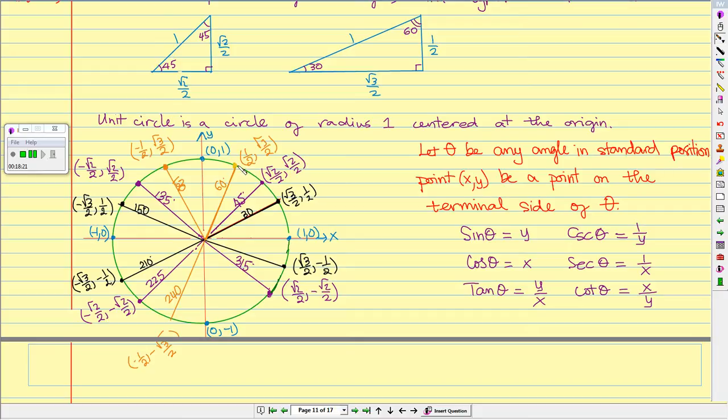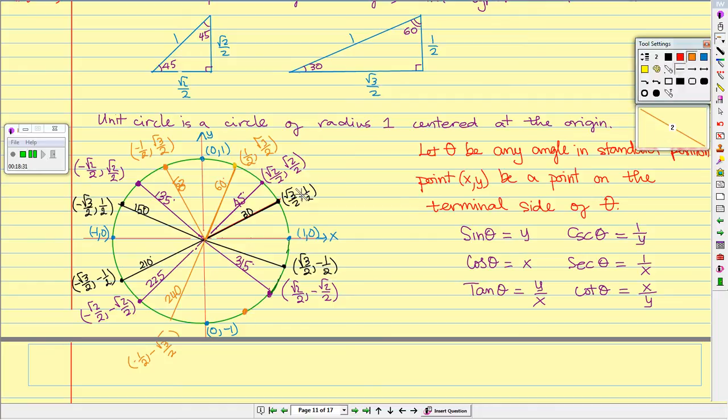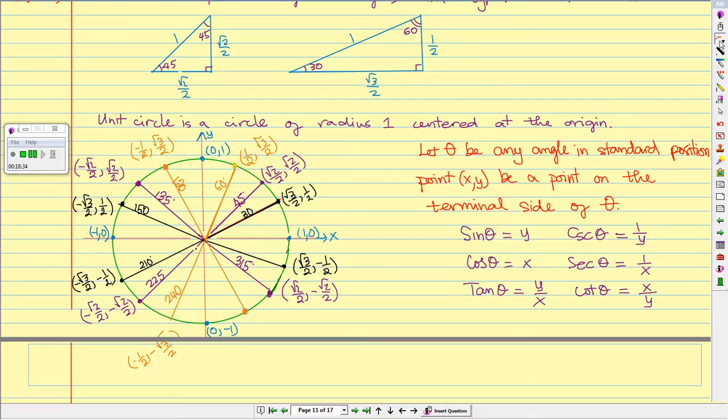And for the last point, we are going to go back to the first quadrant and take the point where the 60 degree terminal side is, and we reflect across the x-axis. And then you sketch the terminal side and label this angle to be 300 degrees.